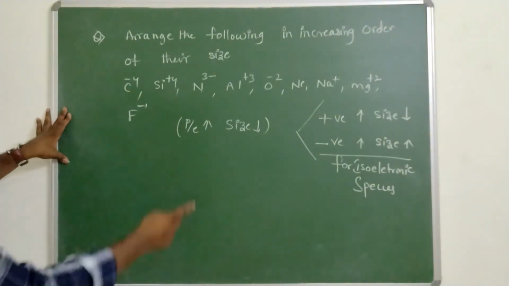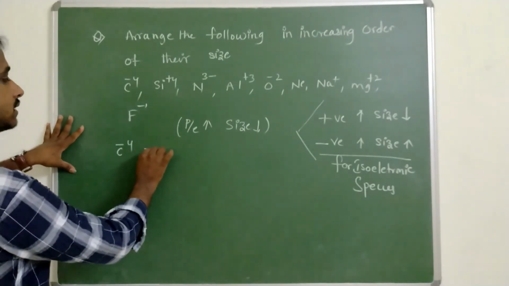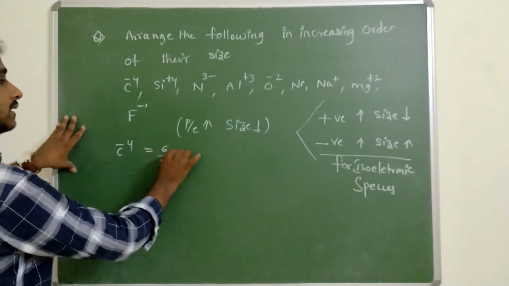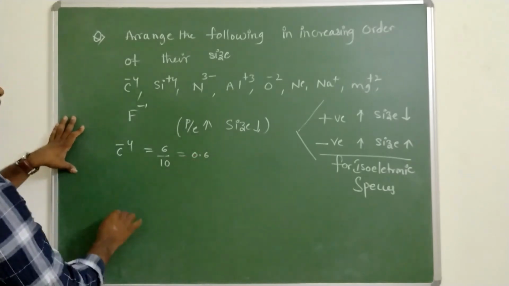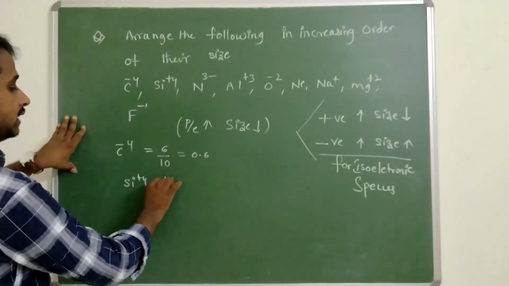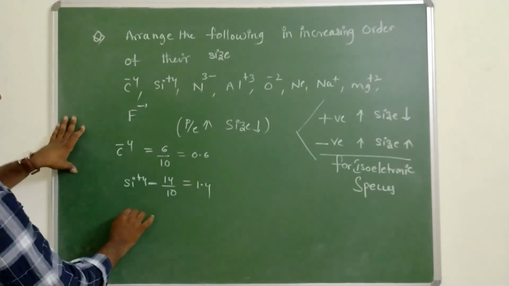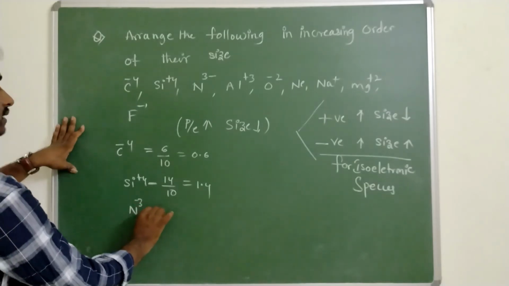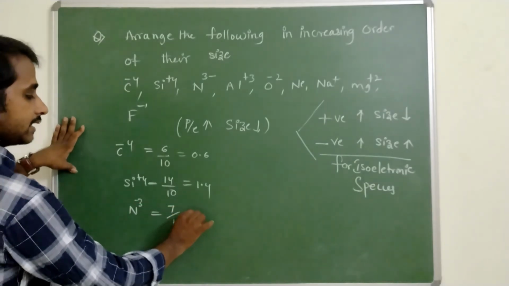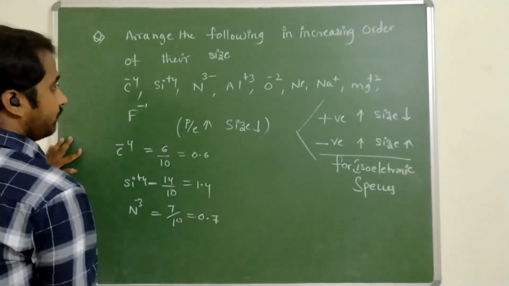If you take the ions' P by E ratio: C4-, protons are 6, electrons are 10, 0.6. Si4+, protons are 14 and 10 electrons, 1.4. Next one, N3-, protons are 7, electrons are 10, 0.7.